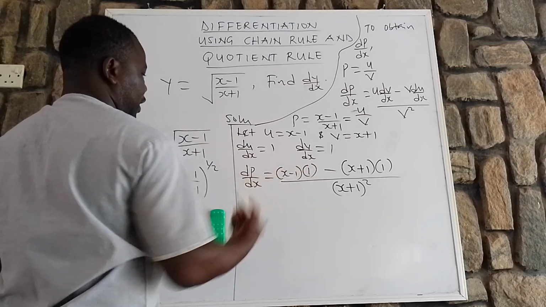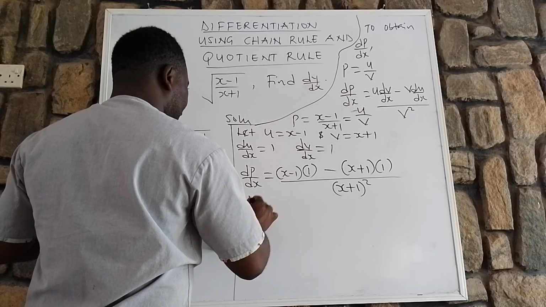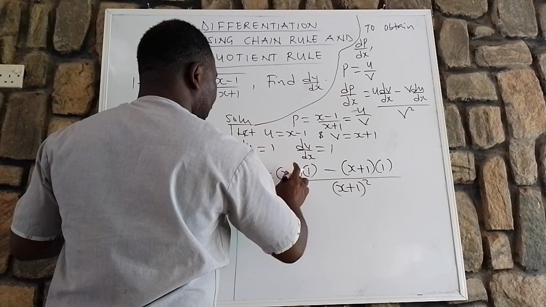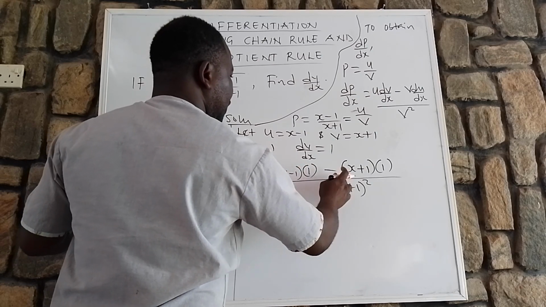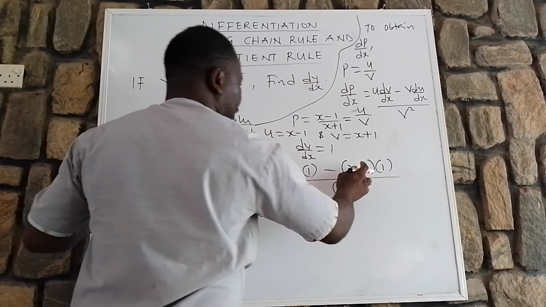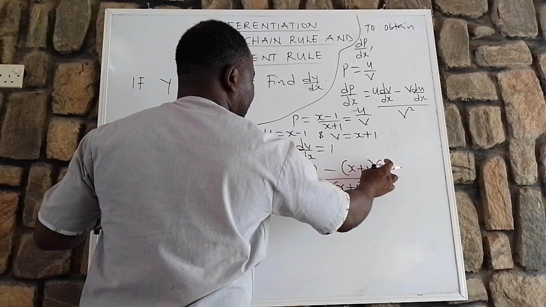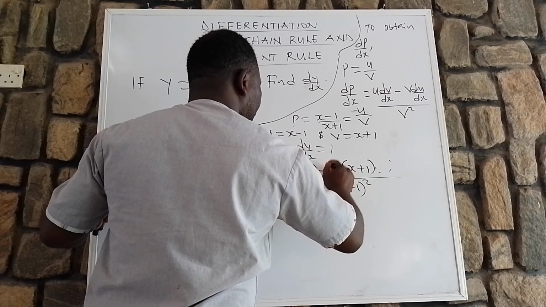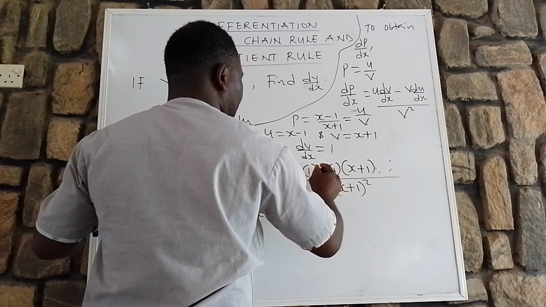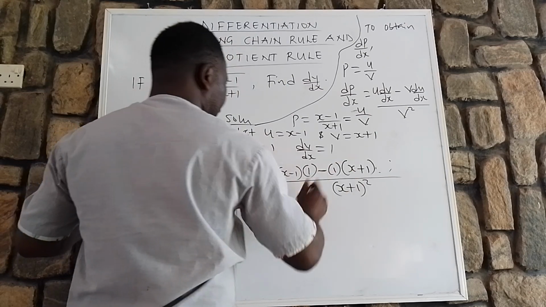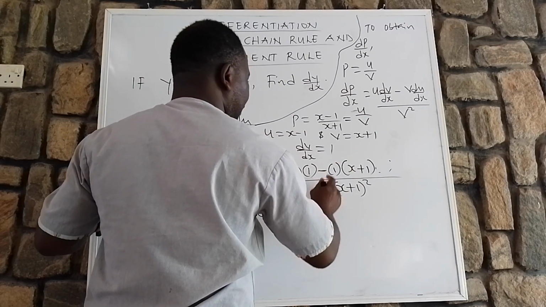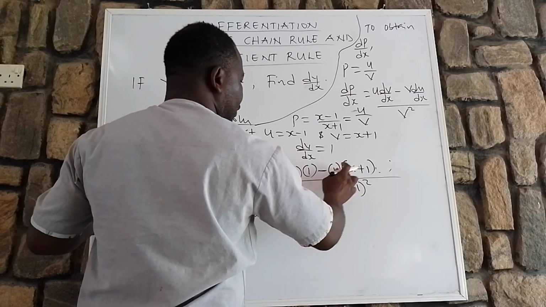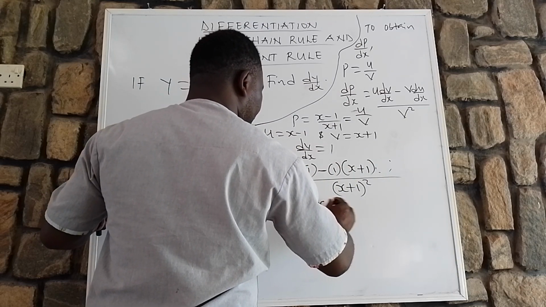So we can multiply out these two brackets. Our dp over dx: times 1 will give us x, minus 1 times 1 gives minus 1. Then minus, so minus 1 times x is going to give us minus x. Minus 1 times plus 1 is going to give us minus 1.